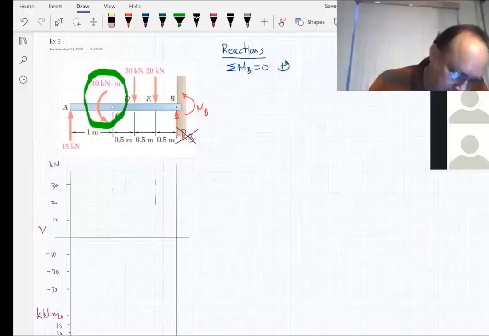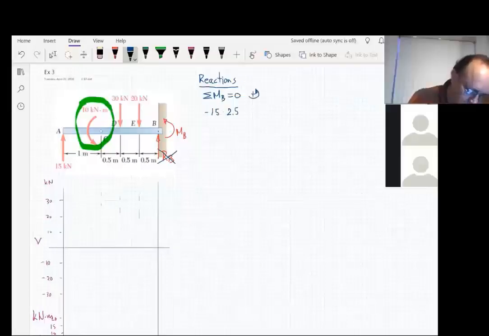So let's go very carefully. We have moment positive like that. So they will have a minus 15 times 2.5. Then the moment of 10 kilonewton meters in the same direction as our positive, so plus 10 kilonewton meters.